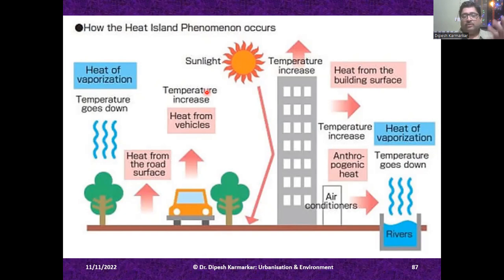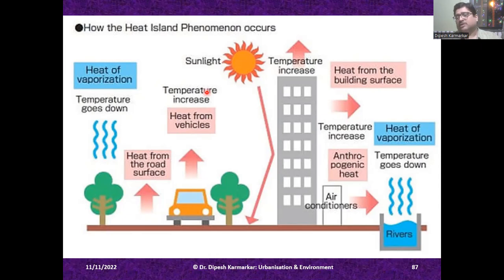Similarly, during the day the land surface absorbs the heat, and during the night that absorbed heat is released out, right? So we can see that even heat is released from the land surfaces. So there are various factors that emit heat in the city, right?